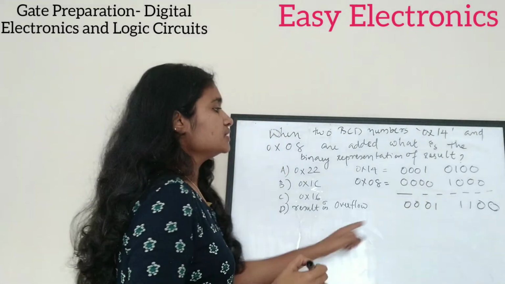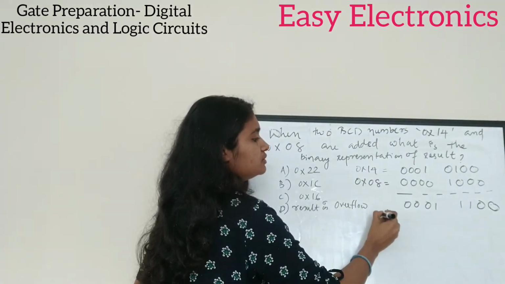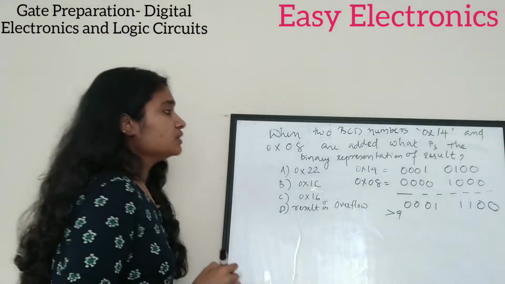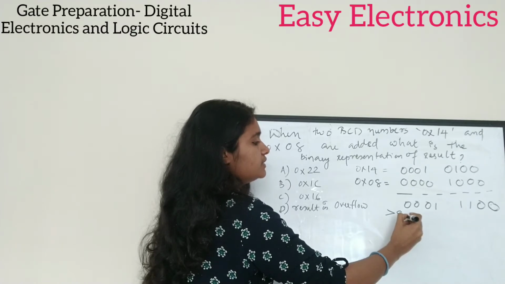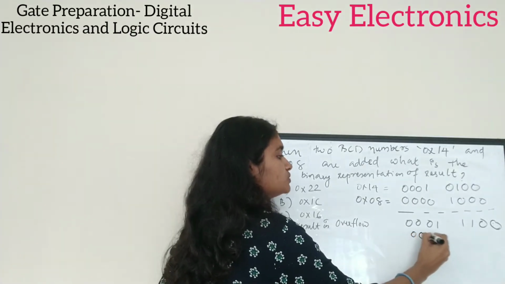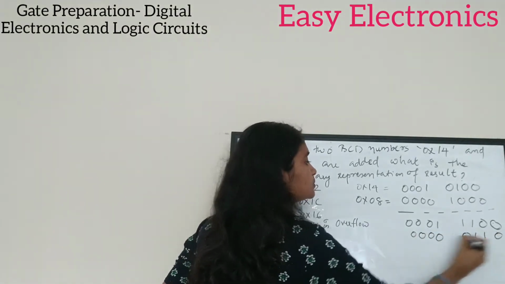So here the result is greater than 9. So in BCD addition, if the result is greater than 9, then add a 6 to the result. That is 0, 0, 0, 0, 0, 1, 1, 0.